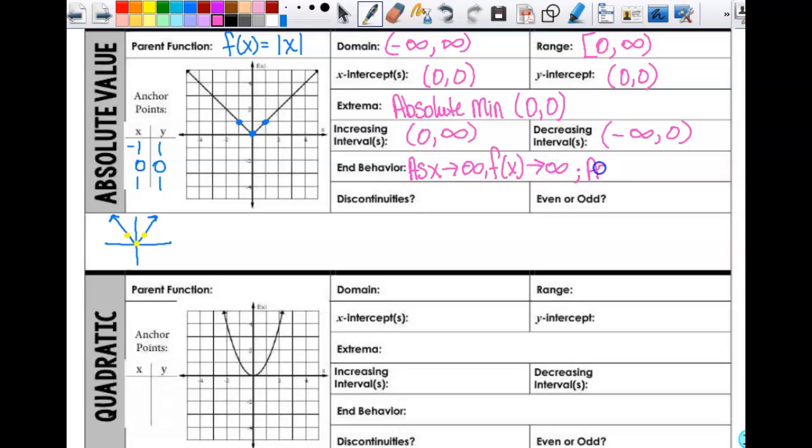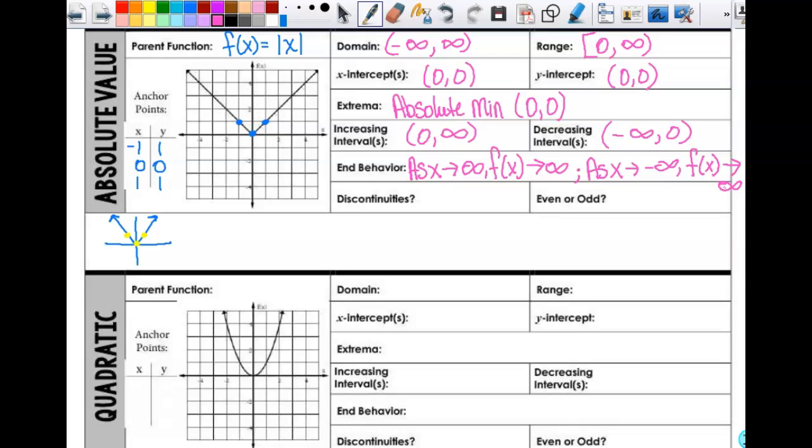Then, as x approaches negative infinity, f of x approaches what? As x is going to negative infinity, y is going to infinity again. Yes. Okay. Any questions about that?